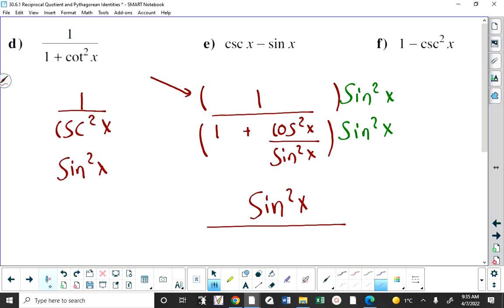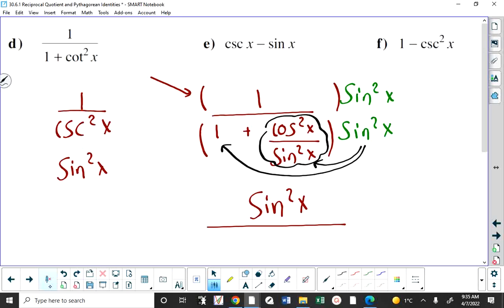But you don't. You get sine squared plus cos squared. Because I have to multiply the sine squared by this and the sine squared by that. I can't just multiply one of the terms. Because of that plus, that changes the nature of the multiplication.